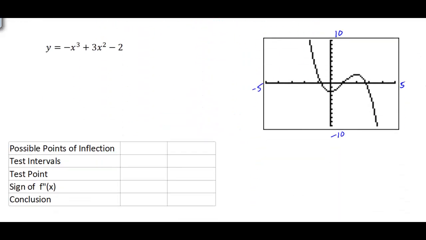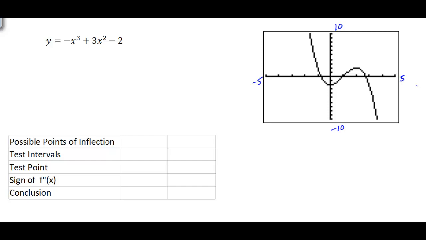So let's look at an example of this here. Our first equation is y equals negative x cubed plus 3x squared minus 2. And this is going to be very similar to what we did with the first derivative test, except for now we're going to be taking the second derivative. And when we do that, we're actually going to find possible points of inflection.